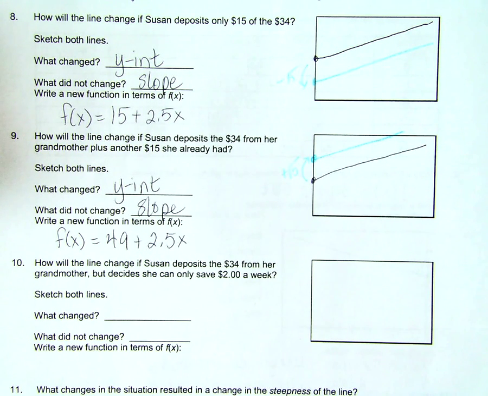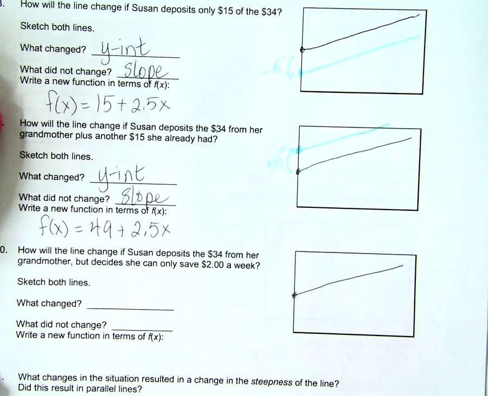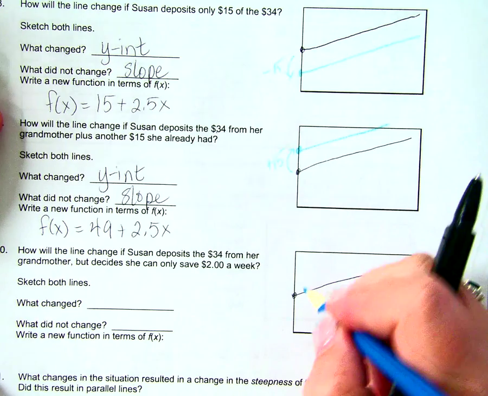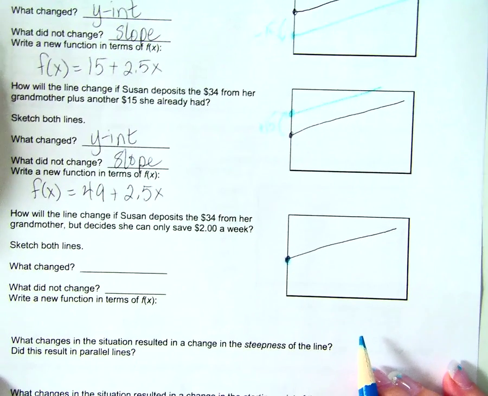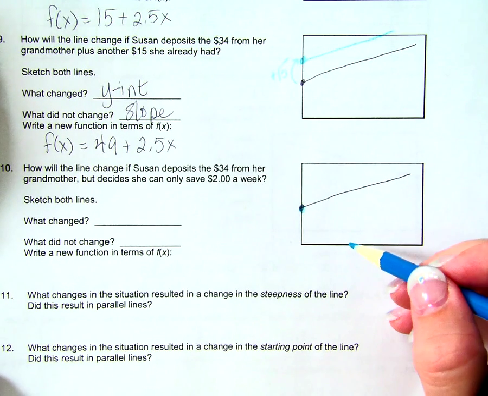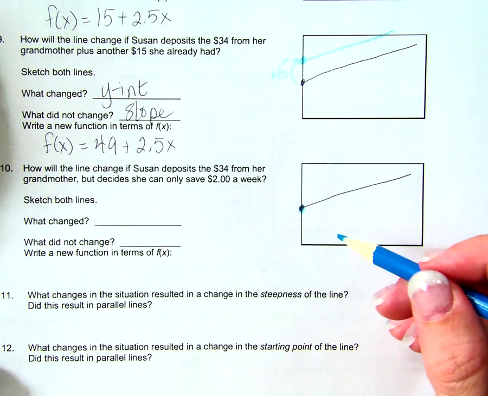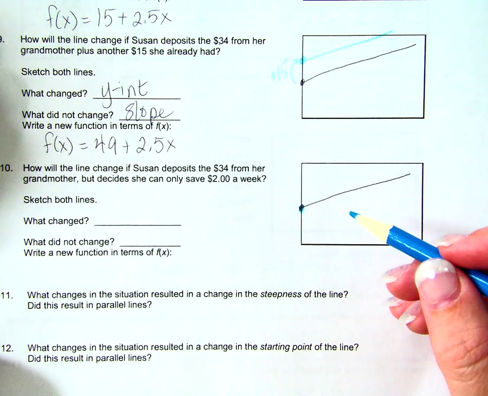How will the line change if Susan deposits the $34 from her grandmother but decides she can only save $2 a week? Okay, here's the original line. This time we're starting at 34 still, but show me with your arms. Where's the original function? Put your arm with the original function.